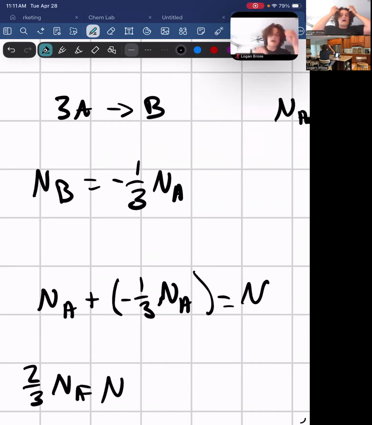And so that means that 2/3 of our molar flux of A will then equal our overall molar flux, and that makes sense.